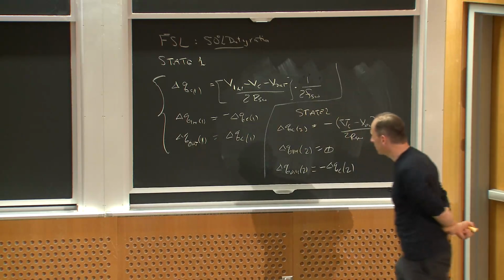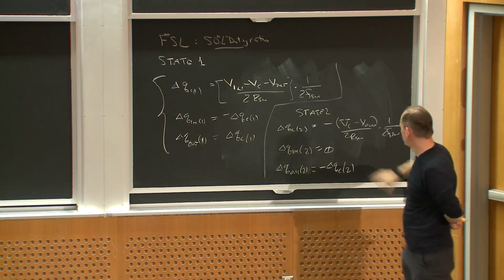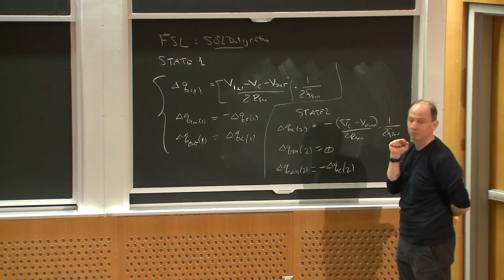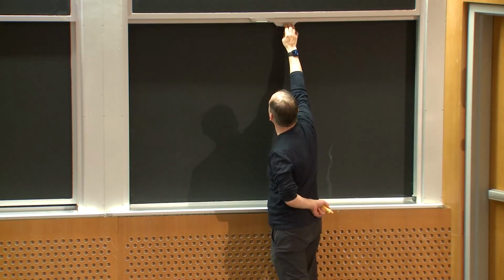What constraint do I get off of this? What I need is delta QC1 plus delta QC2 to add up to 0, right? That's a constraint for periodic steady state.